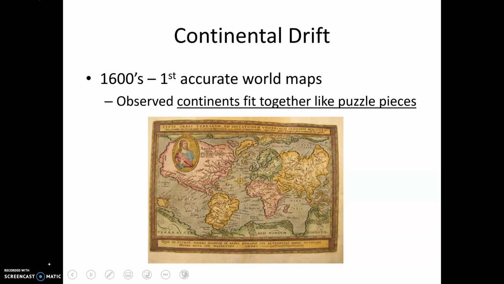So continental drift is our first topic here. In the 1600s, we see our first accurate world map. And if you take a look at this map here below, you can see that it doesn't exactly look like what we see today.